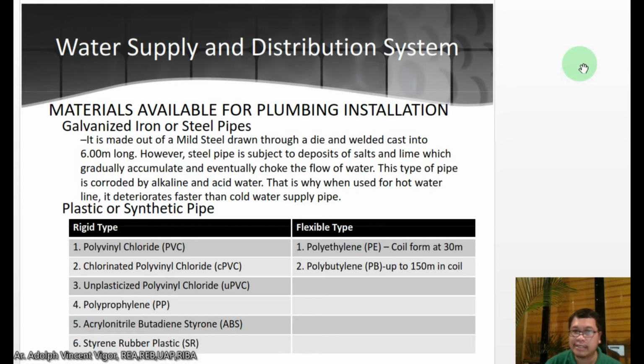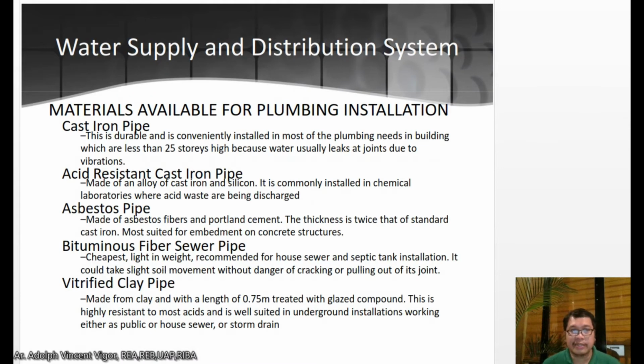But here in the cities, it's not a problem because we have a stable water connection from the water district. Okay? So familiarize yourselves with the types of pipes. Okay? Then these are the materials available for the plumbing installation.